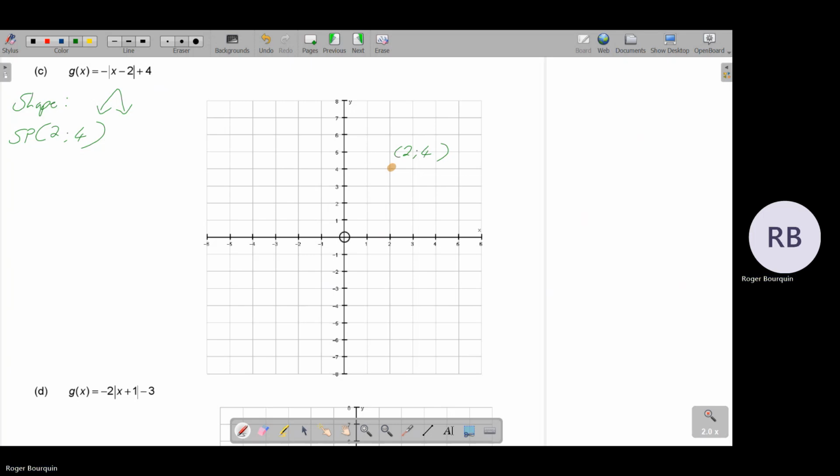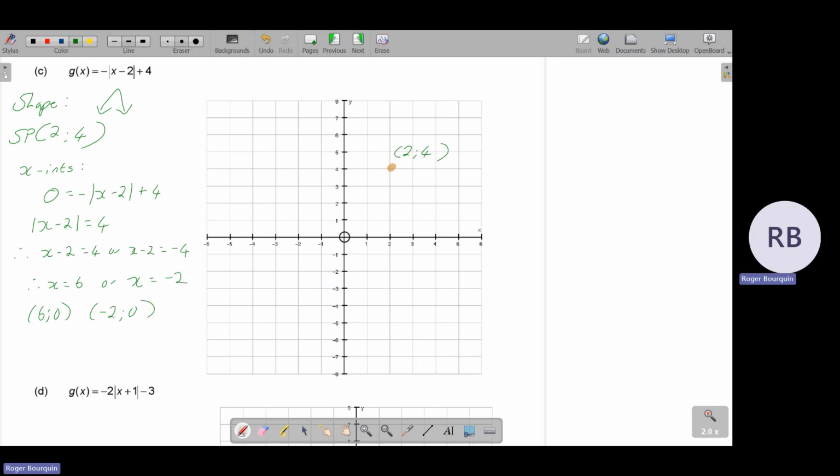We figure out those x-intercepts. Okay, x-intercepts.